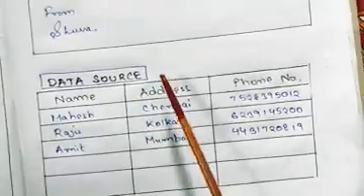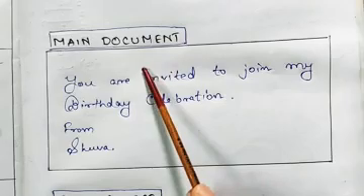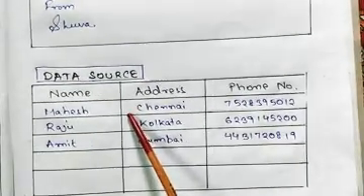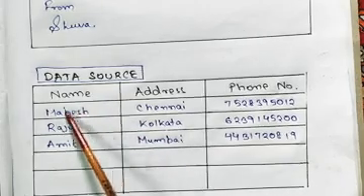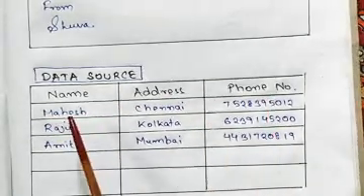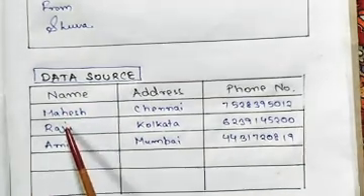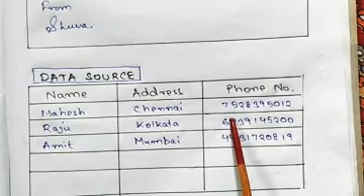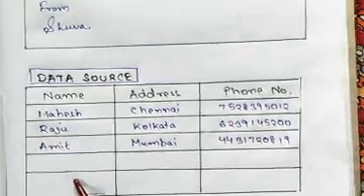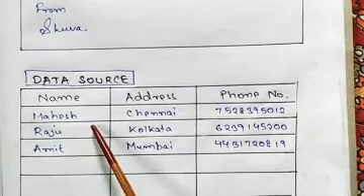Now we will merge the main document with this data source. Merge means each entry. This is called an entry. The first row is one entry, that means details of the first receiver. The second entry means the second friend's details, then the third friend's details. However many friends there are, that many entries will be there.